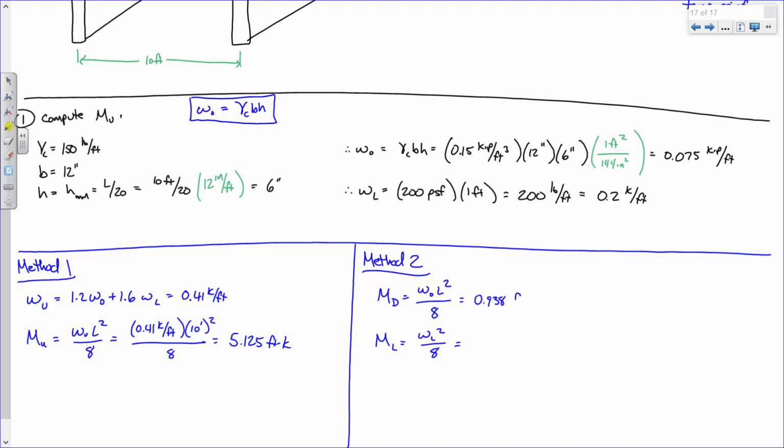Yeah. Everybody has a second on that? Okay, and then the live load. 2.5. Second on that. Yep. Now I want you to factor the moments. 1.2 MD plus 1.6 ML.